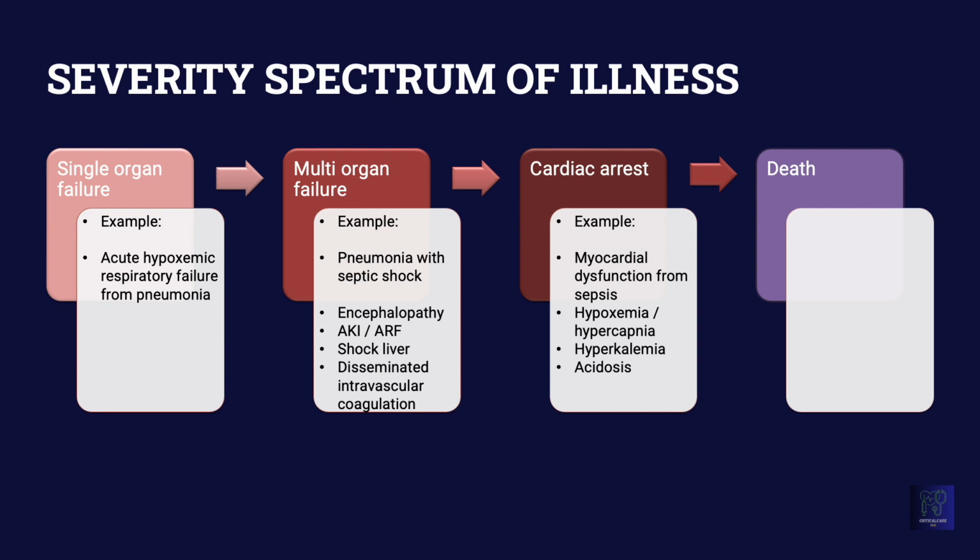For example, in this particular case, pneumonia complicated by septic shock, there can be myocardial dysfunction from sepsis. Due to respiratory failure, there can be hypoxemia and hypercapnia, both of which lead to further cardiac instability.